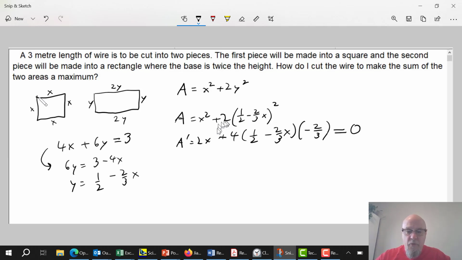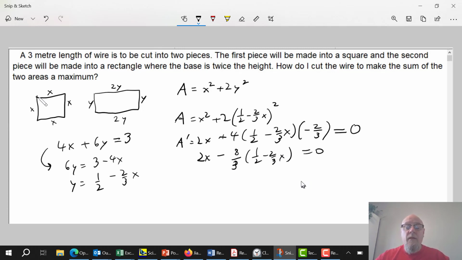Let's clean this up. I'm going to multiply this minus 2/3 times this 4 first, so that's minus 8/3, times 1/2 minus 2/3 x, equals 0.